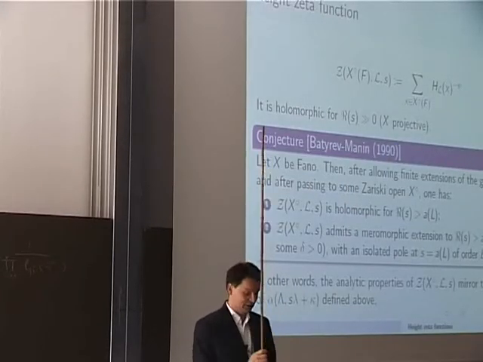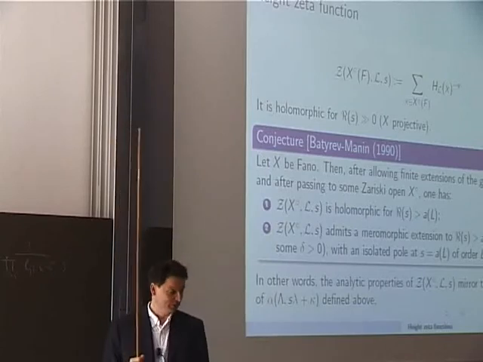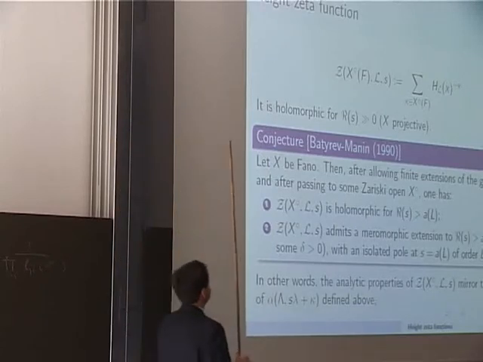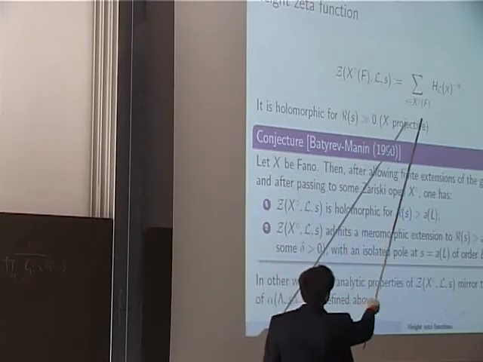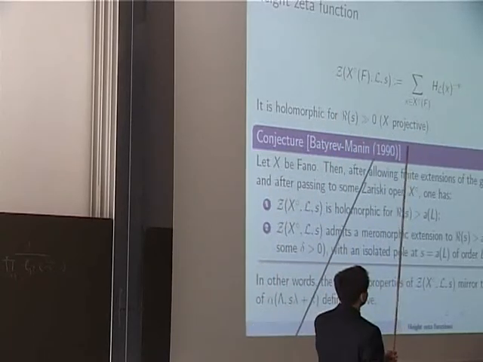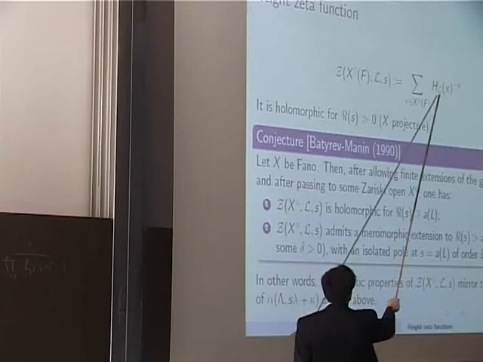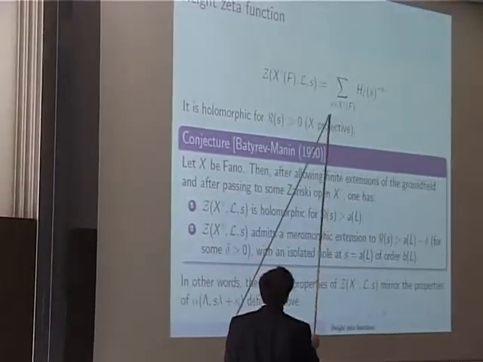The approach that has worked in many examples is via zeta functions, and in fact, these are the height zeta functions, just a generating function as you would do in analytic number theory. You write the height of the point to the minus s, and then you sum over all points.